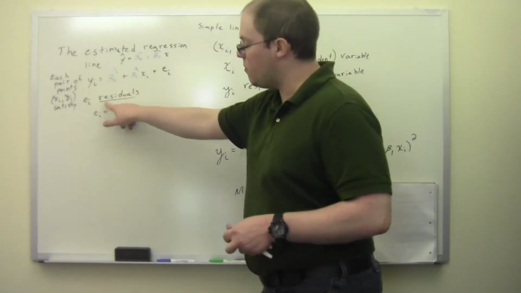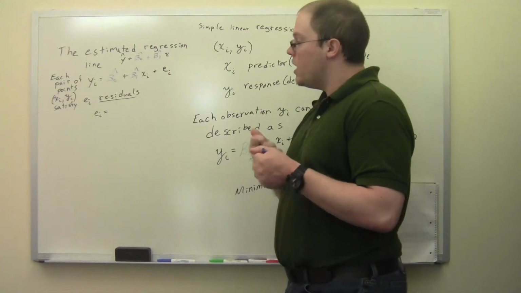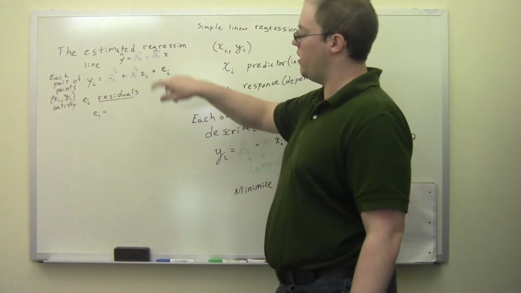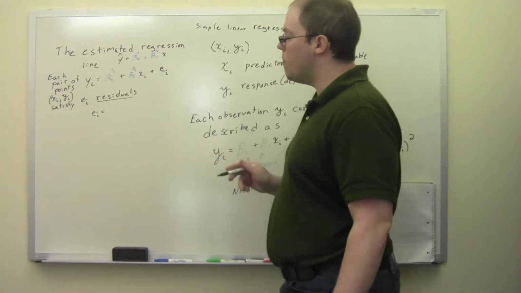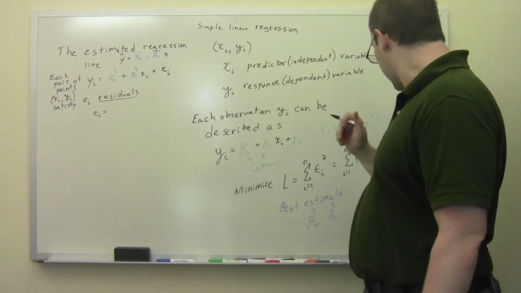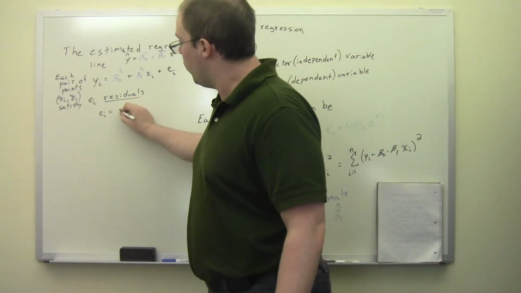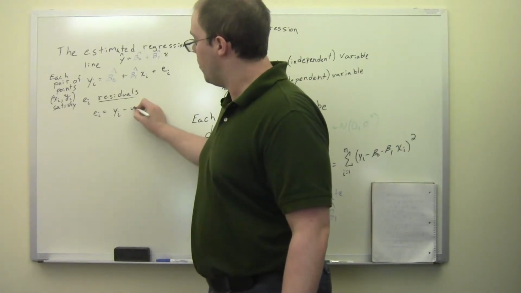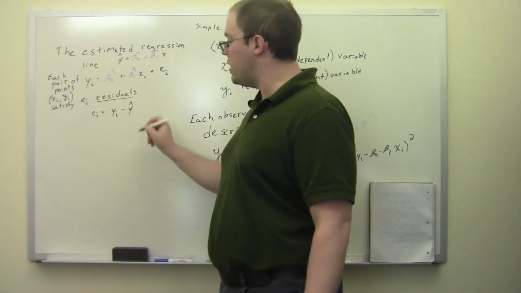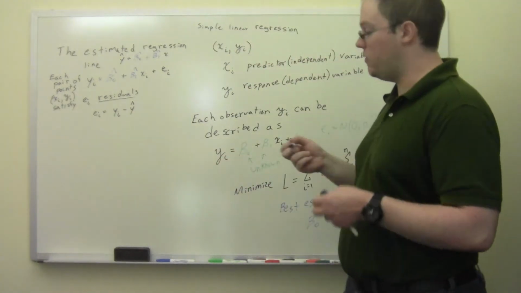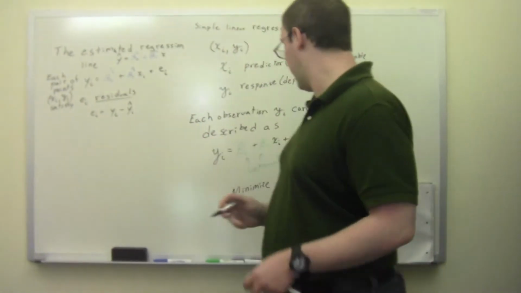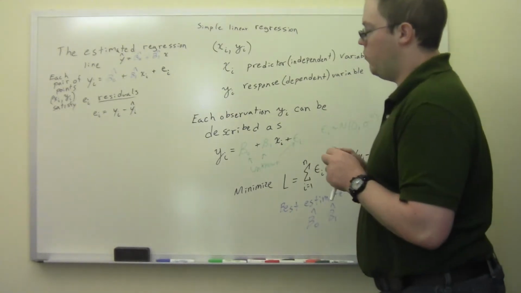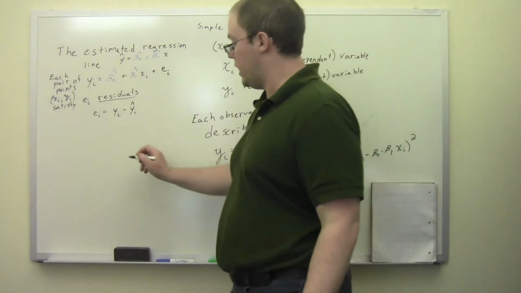These e sub i's are called the residuals, and what you can see between this equation and this equation is that these e sub i residuals are equal to what the observed response yi was minus the prediction of this ith point. So let me draw you a picture that will hopefully clarify what's going on here.